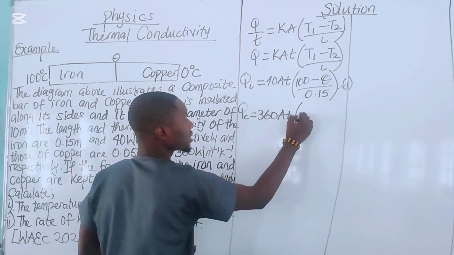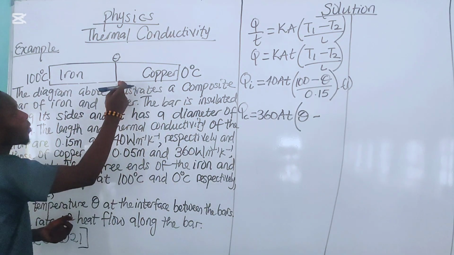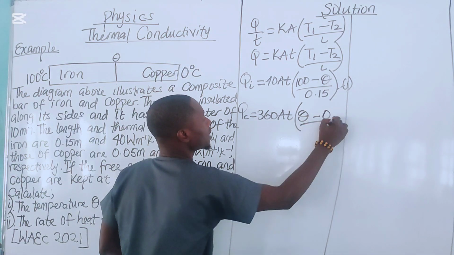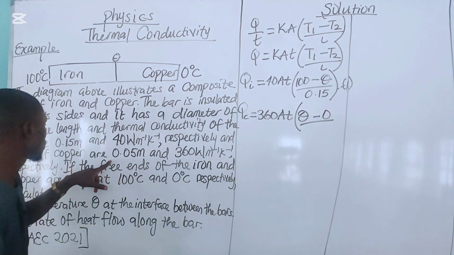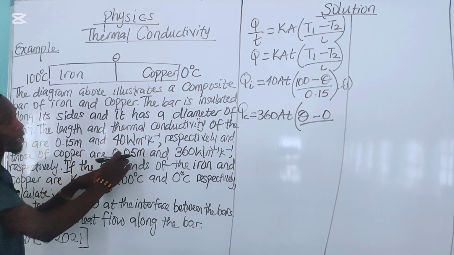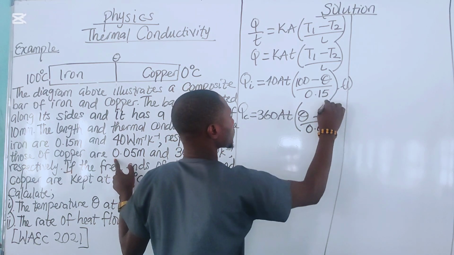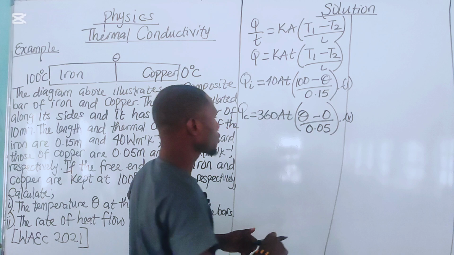So that becomes theta minus the final temperature of the copper, which is 0 degrees Celsius, divided by the length of the copper, which is 0.05. Let me call this equation 2.